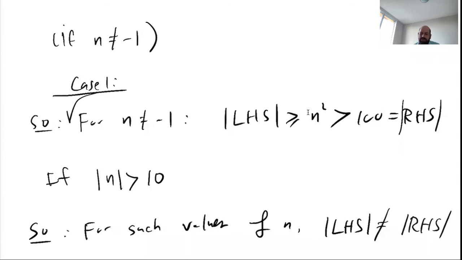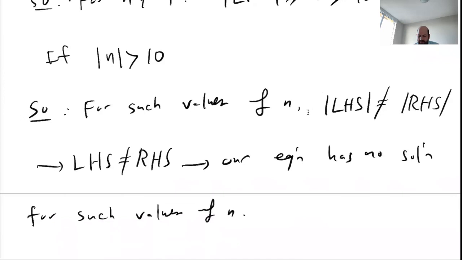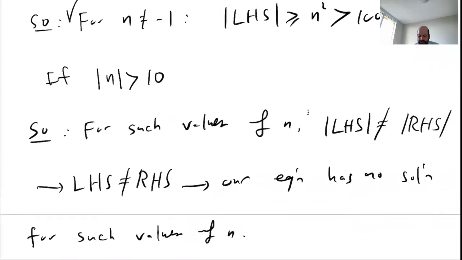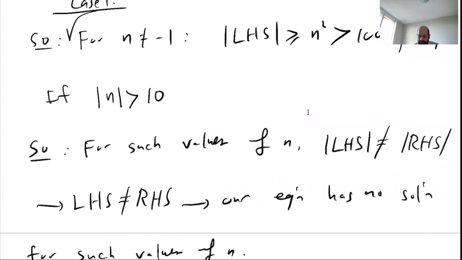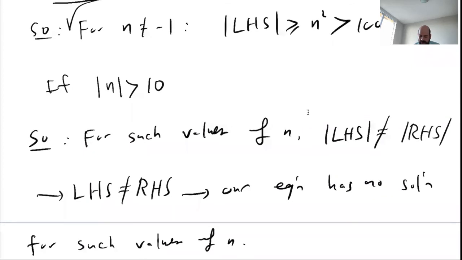Well, if the absolute value of n is bigger than 10, automatically n is not equal to minus 1, right? So I just need to consider the absolute value of n bigger than 10 as the condition of case 1.